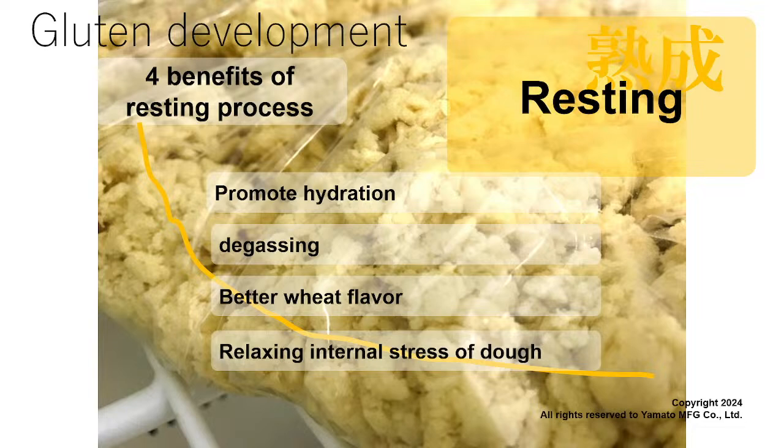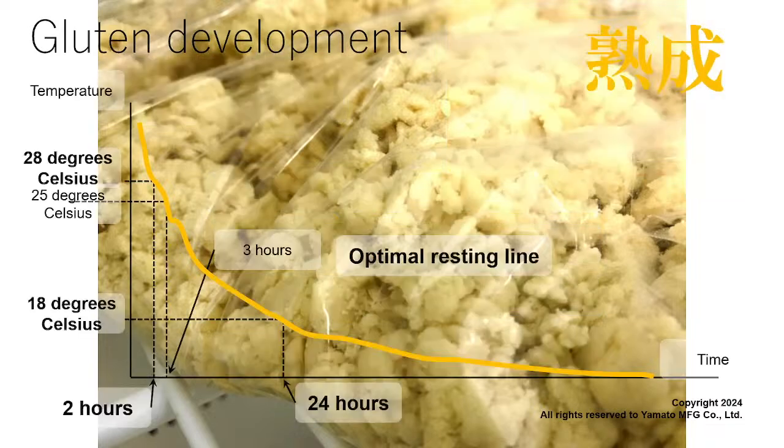Then, resting activates enzymes in the wheat, so we can develop a strong wheat flavor. It also relaxes the internal stress in the dough, basically making the dough texture better.